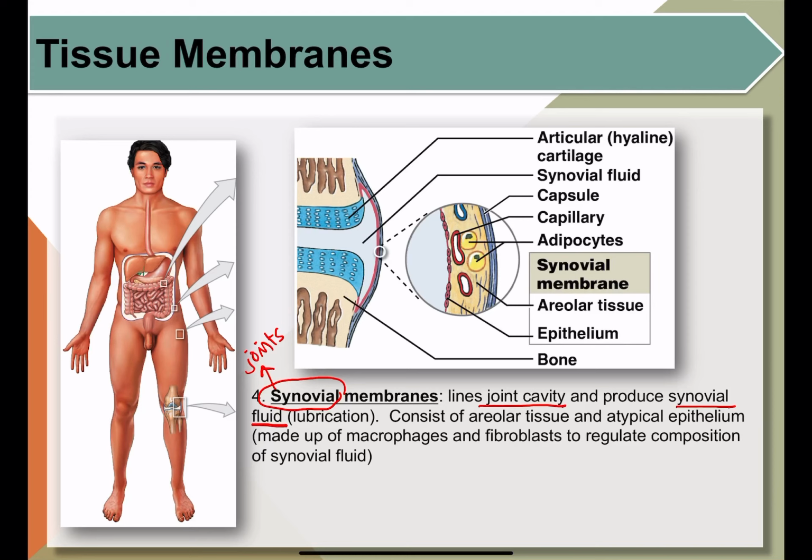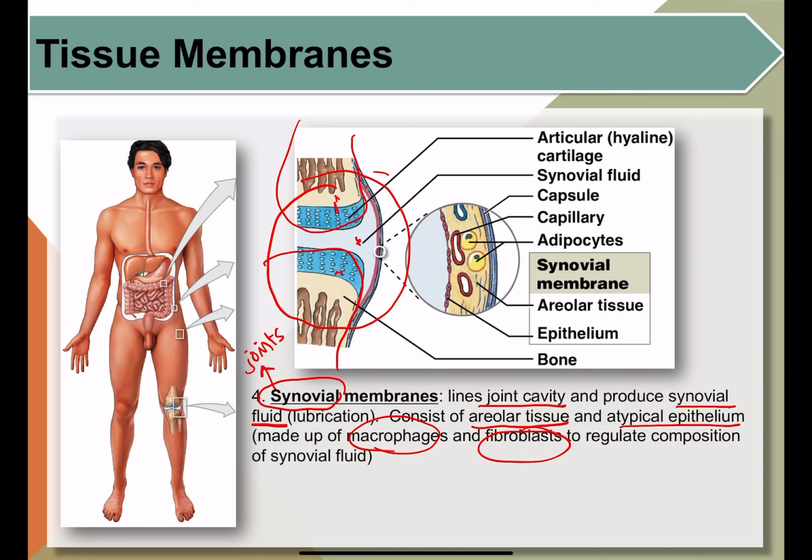It consists of areolar tissue and an atypical epithelium made up of macrophages and fibroblasts to regulate composition of the synovial fluid. That's this, for example, if this was the joint between two fingers, this was a finger bone, and here's that synovial fluid between the two bones, okay?